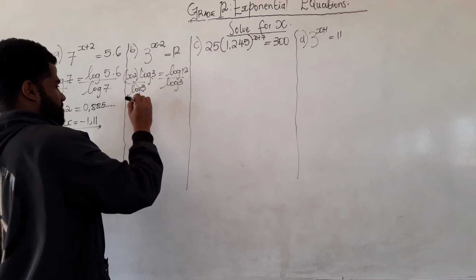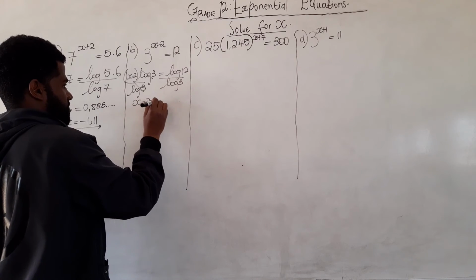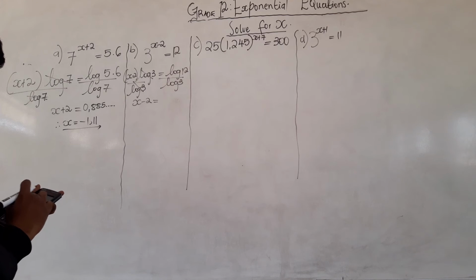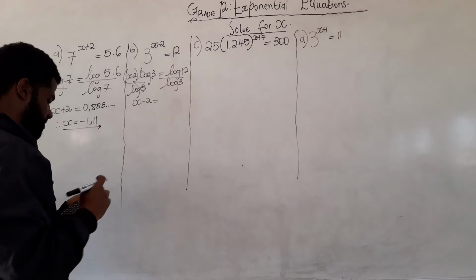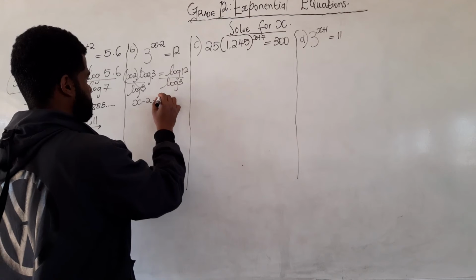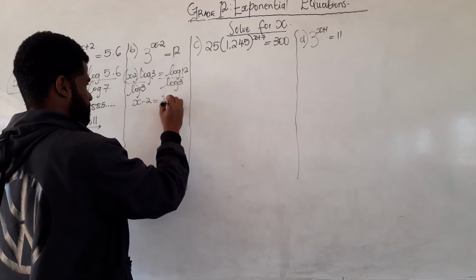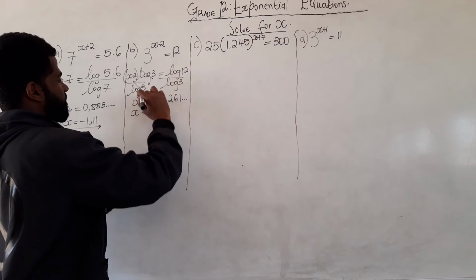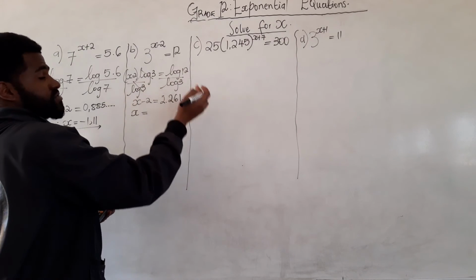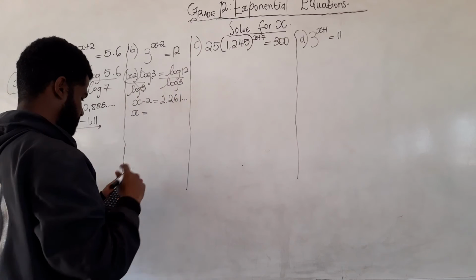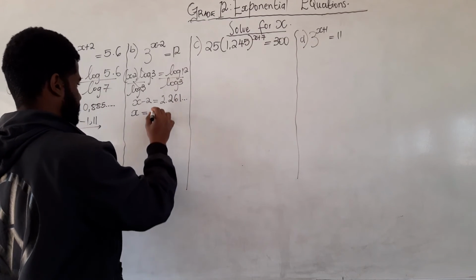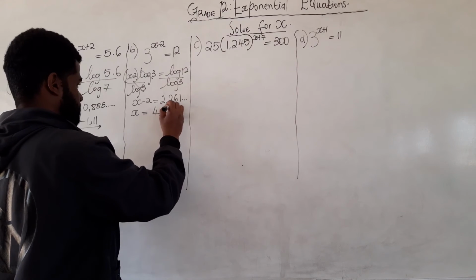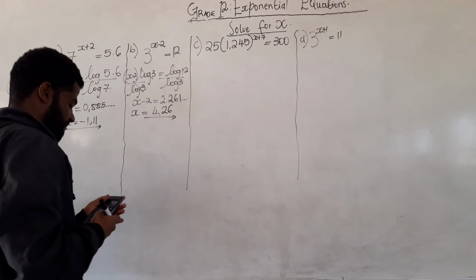This one will cancel out this one, and you are left with x minus 2 equal to log 12 divided by log 3, which is 2,26 recurring. Then we add 2, since this 2 is negative. When we transpose, it becomes positive, and our final answer is 4,26.